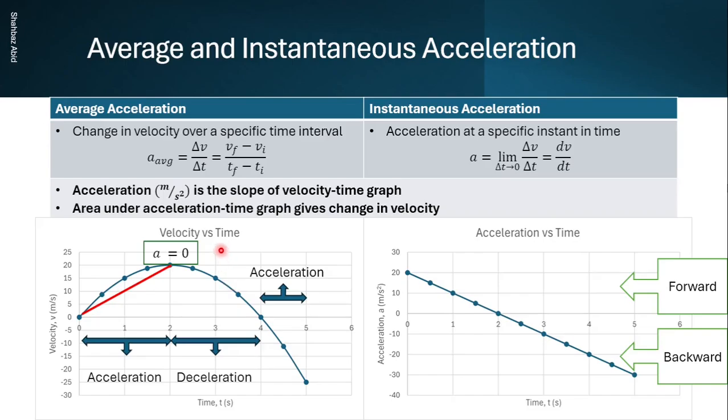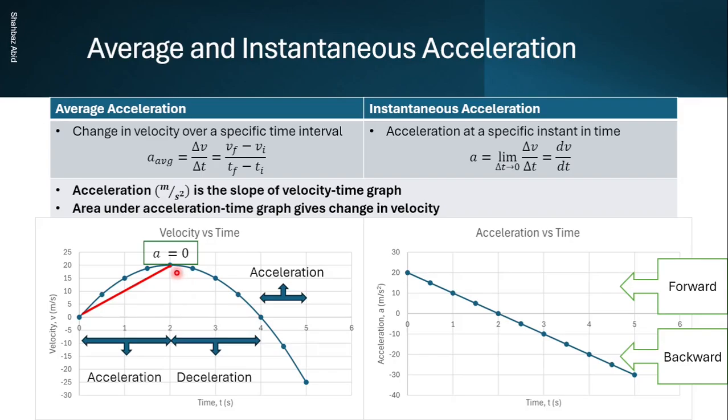When the velocity versus time graph is below the x-axis and its slope is negative, the object is speeding up, but it is moving in the negative x direction. So we can see from time equal to 2 to time equal to 5, all the values of the acceleration are negative and increasing, and all these values indicate the acceleration is acting in the negative x direction.